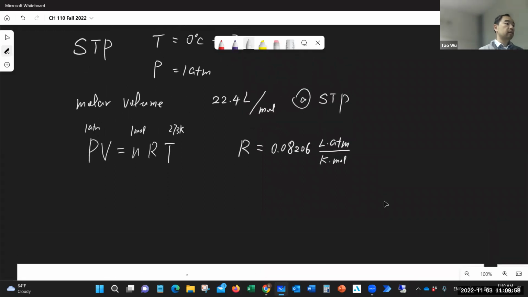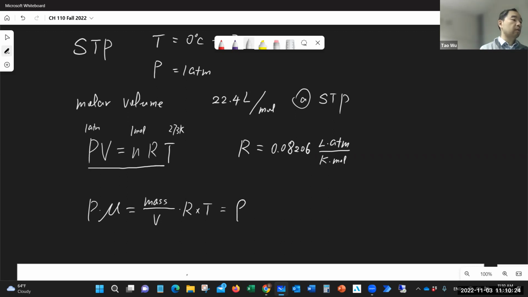Okay, so that is the ideal gas law, and we talked about another variation of the ideal gas law. The variation is the pressure times the molar mass of the gas equals the mass of the gas over the volume, times R times T. Or you can write mass over volume, which is the density, so you can also write it as the density of the gas times R times T. That is another variation of the ideal gas law.